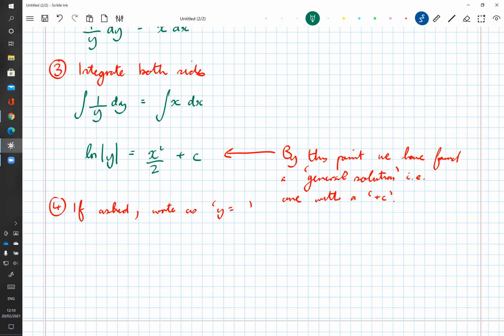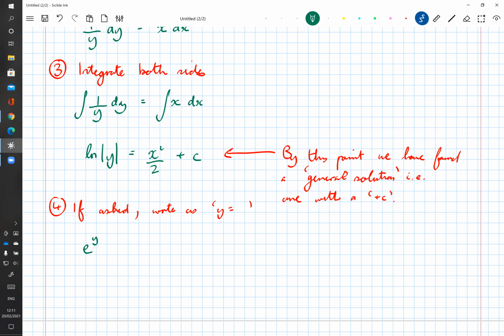So e both sides, I get e to the power of, and log of mod e to the power of the left-hand side, we get e to the y. Now, technically speaking, it should be e to the power of modulus of y, but typically in differential equations, another fudge is that we ignore the negative signs, because typically differential equations measure a real life thing.